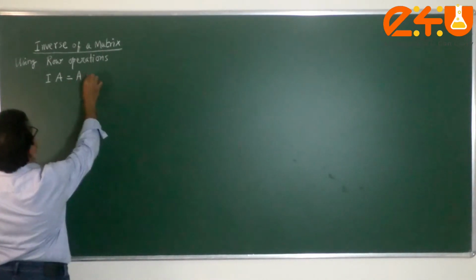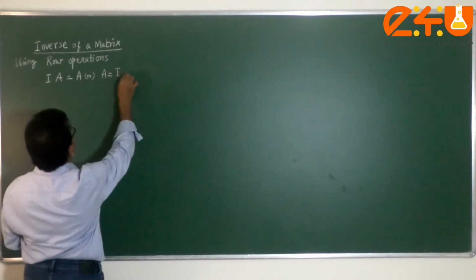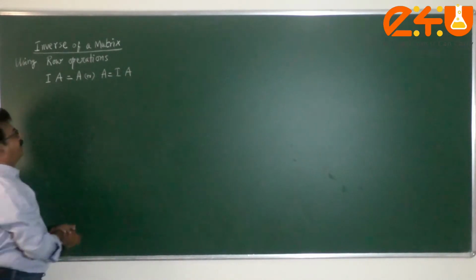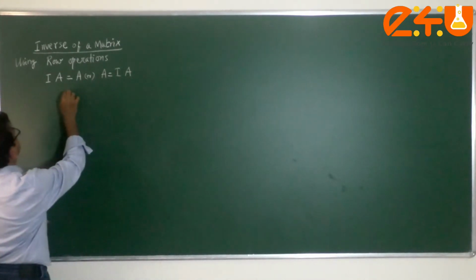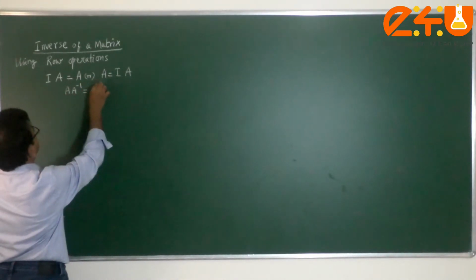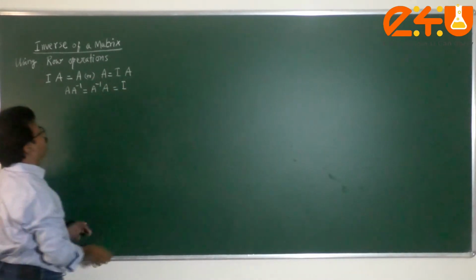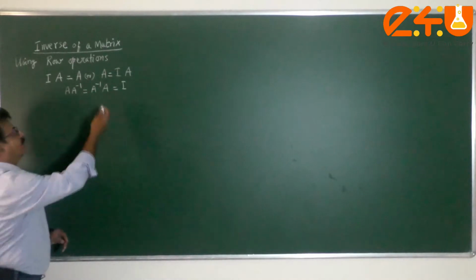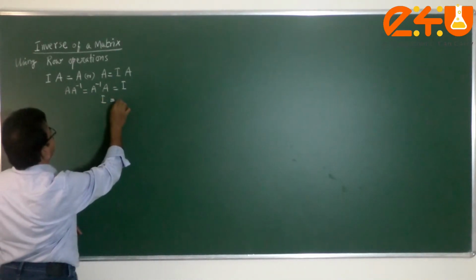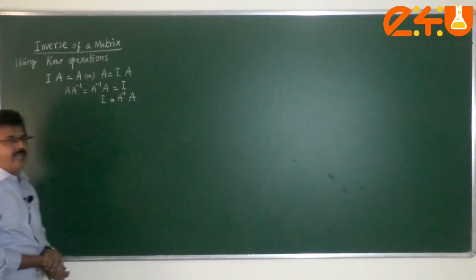Or I can put it the other way around, A is I times A. Then by definition, we also know A inverse times A, and A times A inverse, each equal to I. So let me put it the other way around. I therefore is, can we not say, A inverse A?